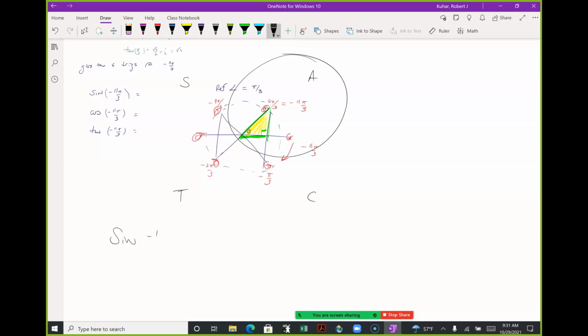Sine of minus 11 pi over 3 is now positive sine of pi over 3. Where am I getting the positive piece from? The quadrant. Where am I getting the pi over 3 from? From the reference angle, right? This is from the quadrant. This is my reference angle. And then from my table, what do I have? Rad 3 over 2.